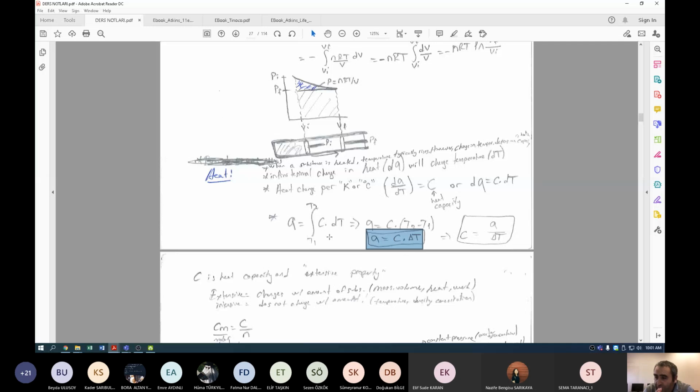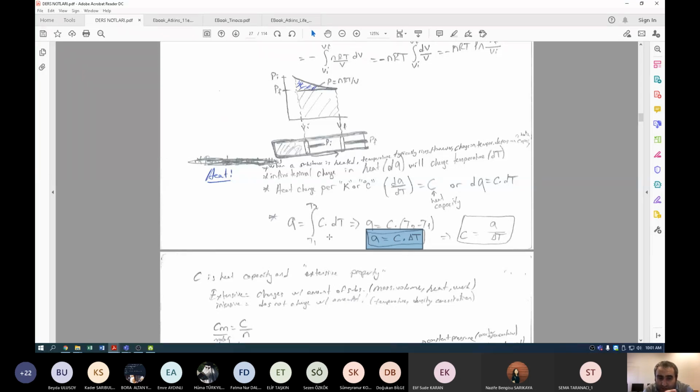So here Q is depending on the path, and C according to path is also changing. It can be a constant volume heat capacity or constant pressure heat capacity, and accordingly Q will be a constant volume or constant pressure heat.